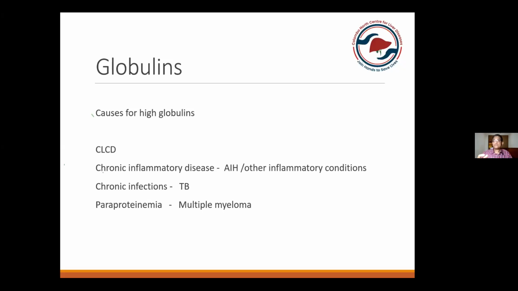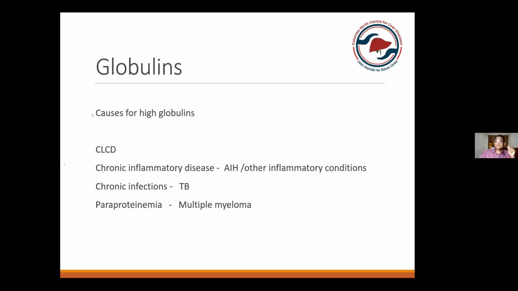But when you do the liver profile, if you see these abnormalities which are not directly related to the liver, make sure you do the correct investigation to diagnose, because you don't get very high globulins for no reason. There should be some underlying cause for it.